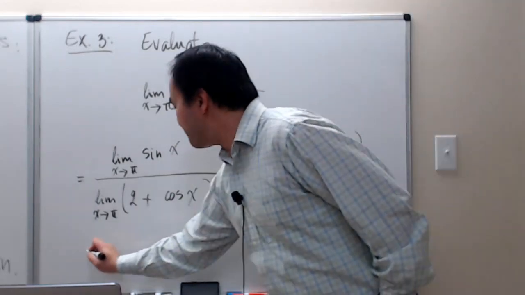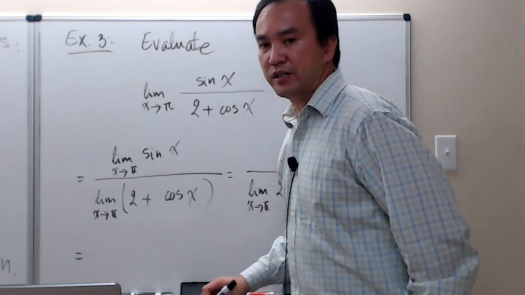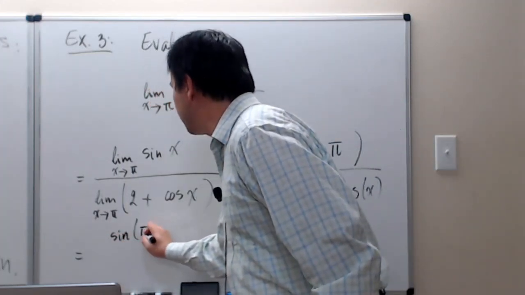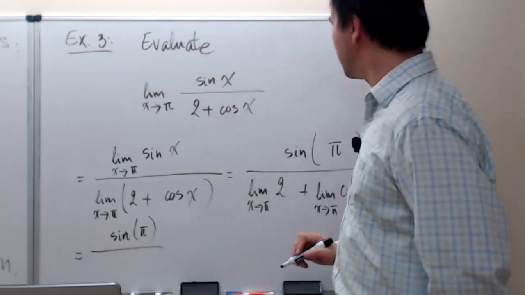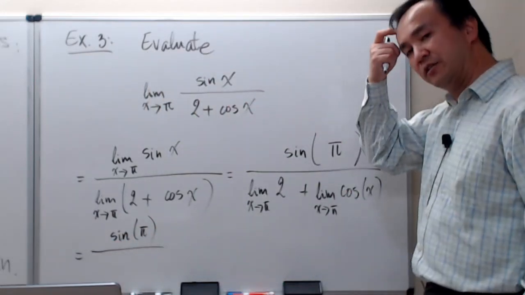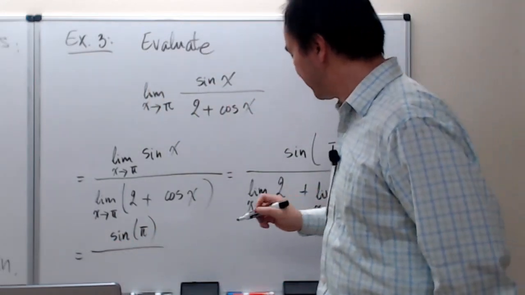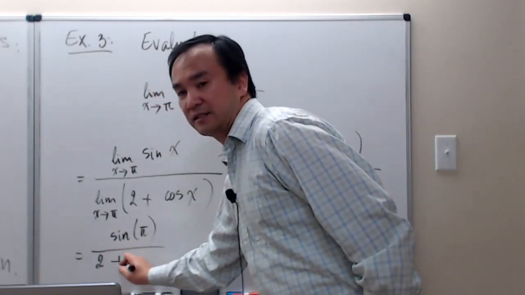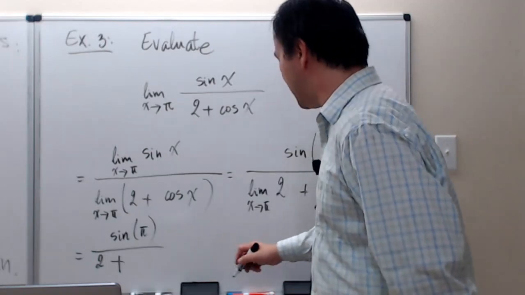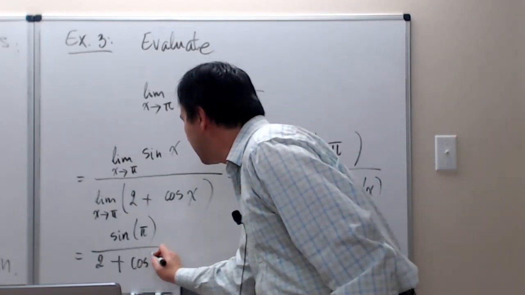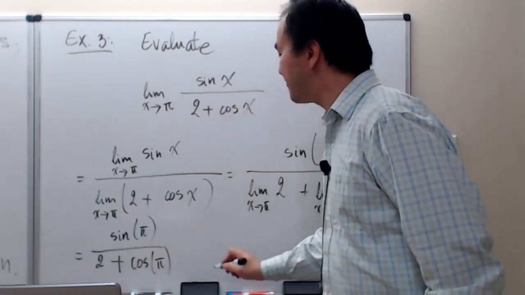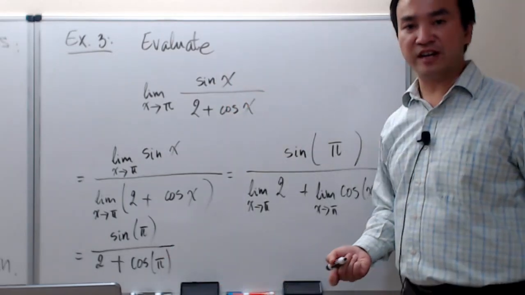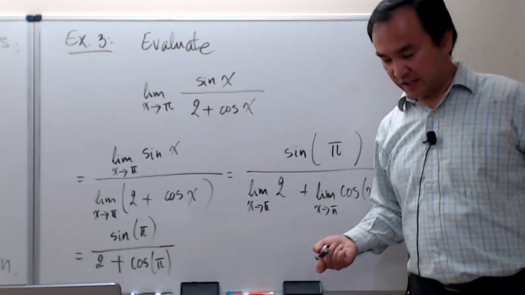In my next step, I end up with sine of pi. I hold on to the actual evaluation step until the very end. But in the denominator we have 2 plus cosine of pi. It's all due to the fact that we now know cosine is a continuous function, continuous everywhere in its domain.